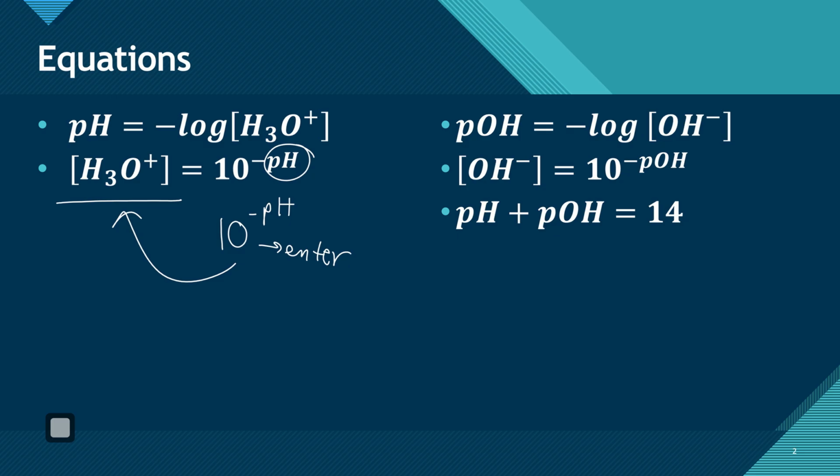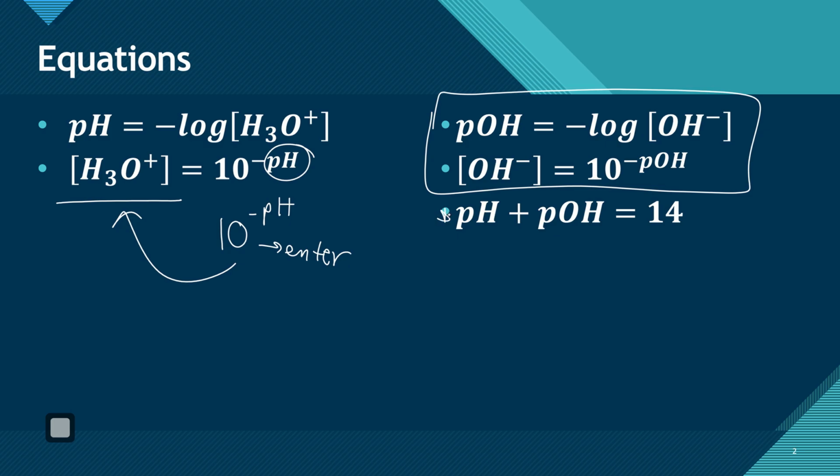On the other side, basically the same idea with the pOH scale. The pOH is a negative log of OH minus, and then if I want to find the OH minus, I do 10 to the negative pOH. So it is a logarithmic formula, and the whole point of a log is to take a really small or really large number and make it something much easier to understand, and it's all based on a base 10 unit, at least in this one that we're doing.